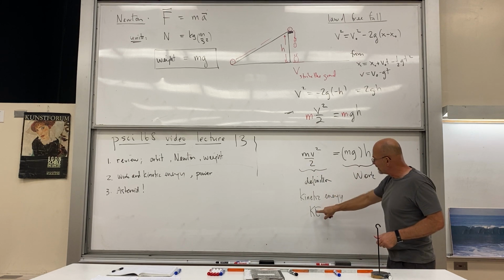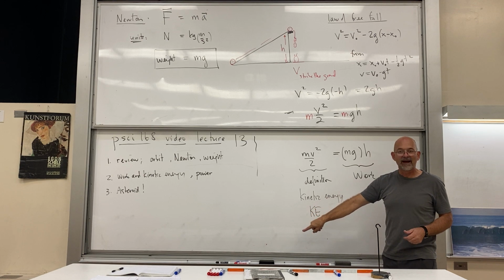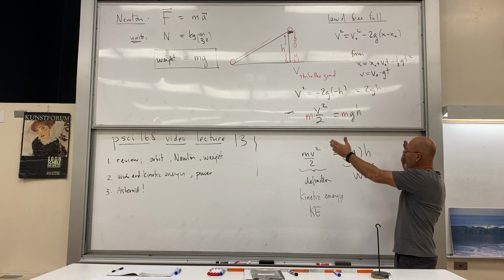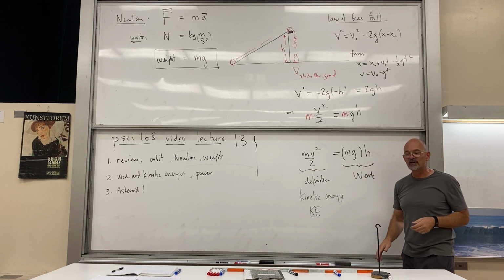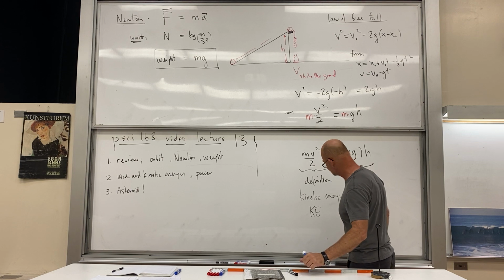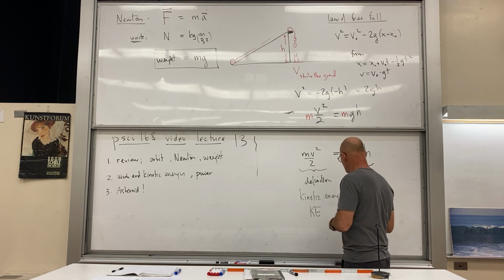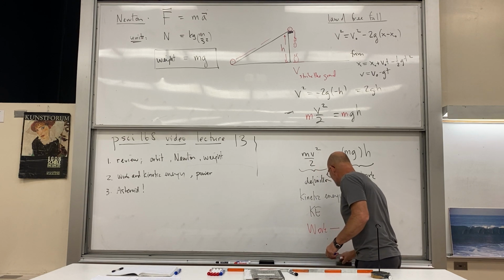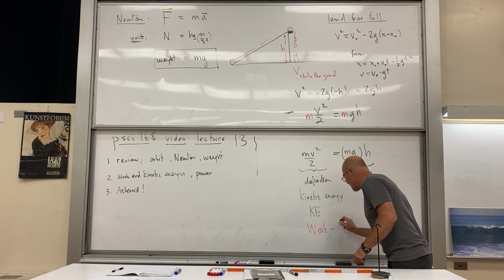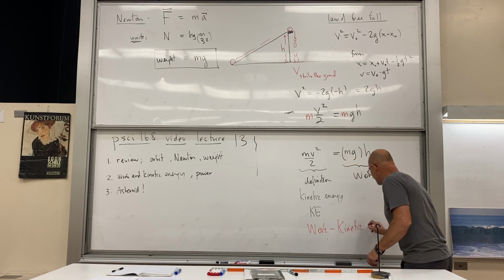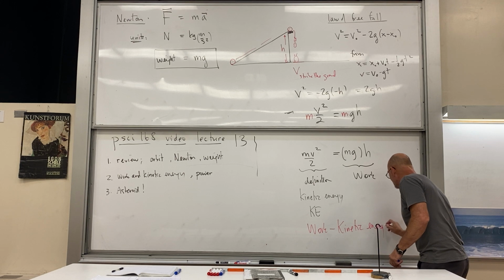So this kinetic energy is the right definition. It has the capacity to do work. And this is a very simple version of the work energy theorem. So I'll write that underneath here. Work-kinetic energy theorem.